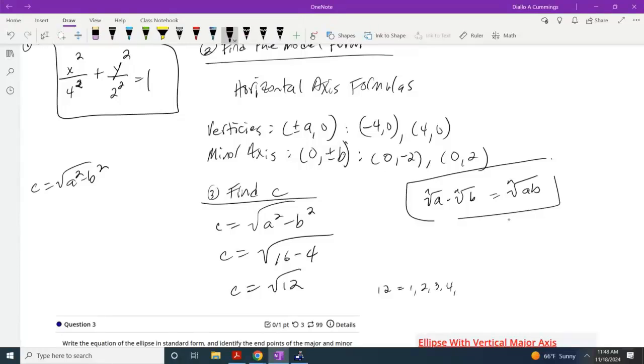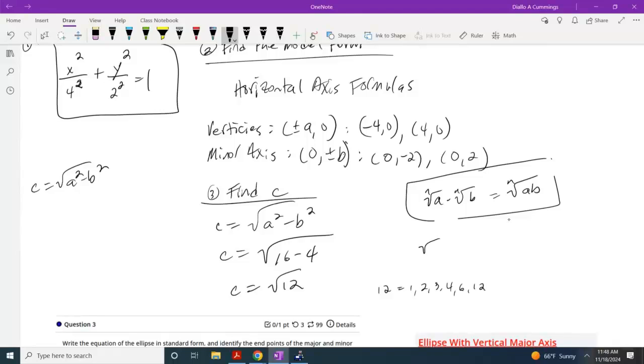The factors of 12 are 1, 2, 3, 4, 6, and 12, right? Because 1 times 12 is 12, 2 times 6, 3 times 4. I want to pick two numbers that I can multiply to get 12, but I want one of the numbers, if possible, to be a perfect square. If I look at all my factors for 12, the only perfect square is 4.